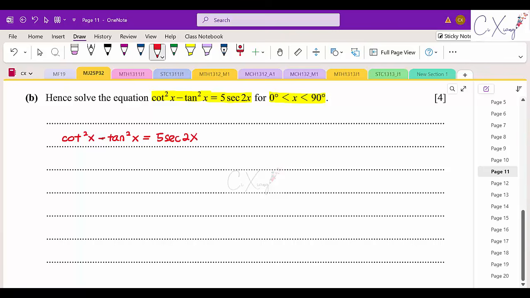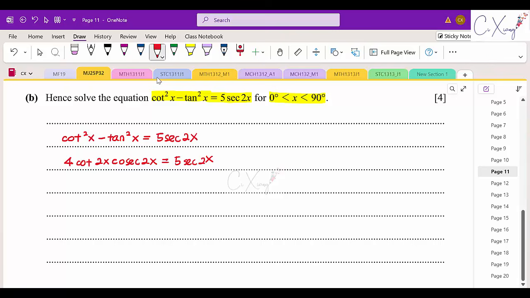And in part A, we have proved that cotangent square minus tangent square can be written as 4 cotangent 2x, then cosecant 2x.